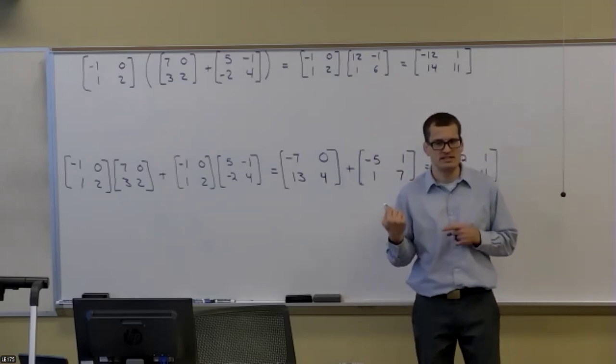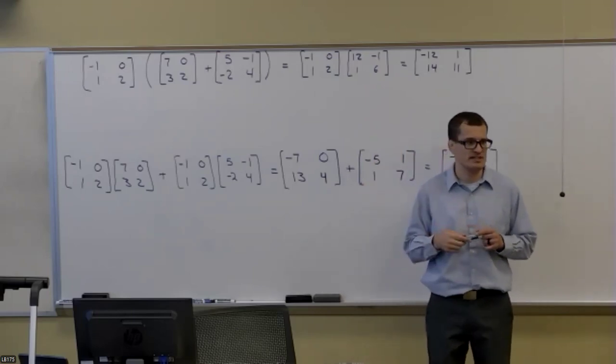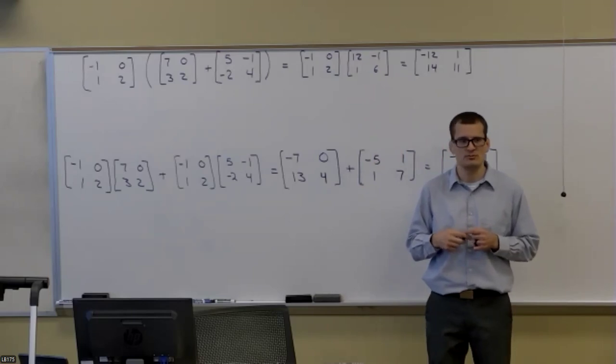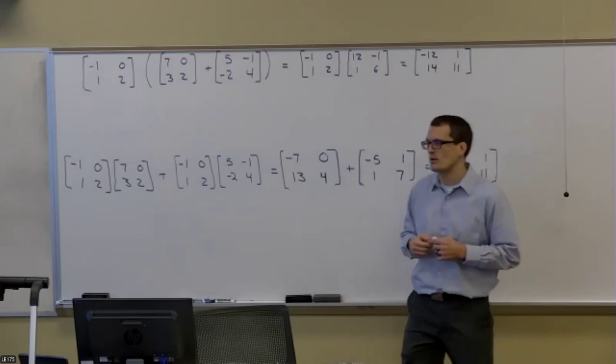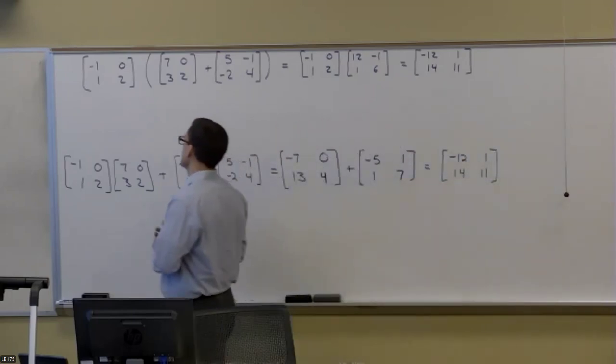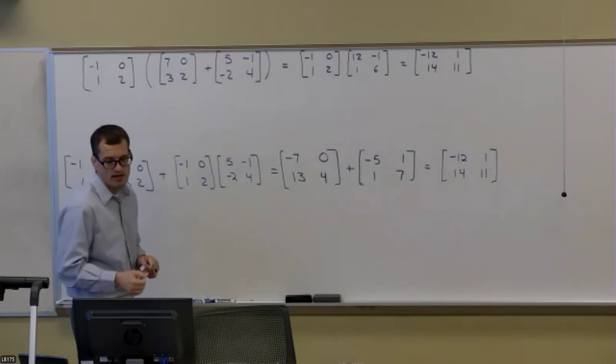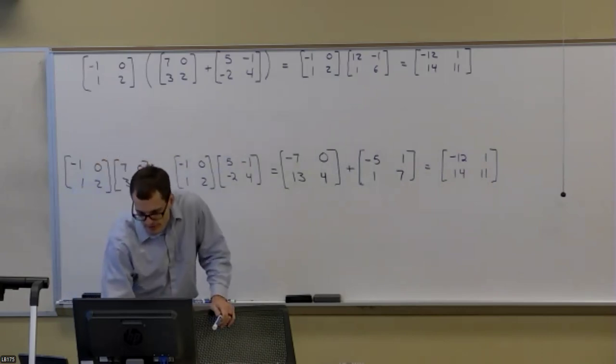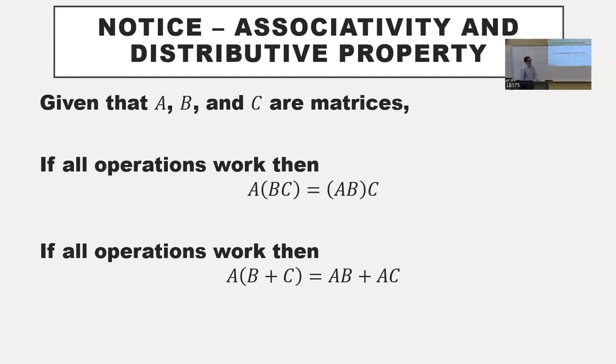This one example doesn't guarantee that the distributive property holds, but I'm telling you it does hold. So the distributive property does hold with matrix multiplication. And like I said, so does commutativity of matrix addition.